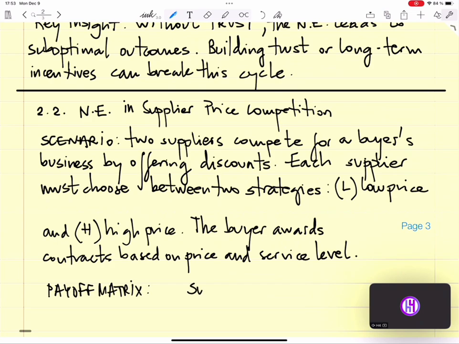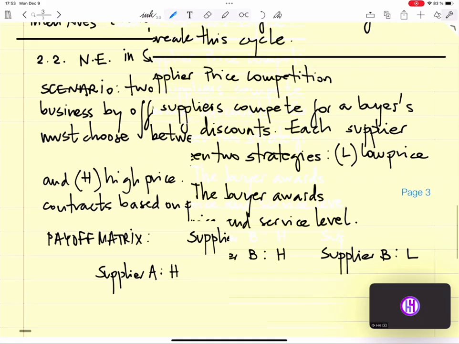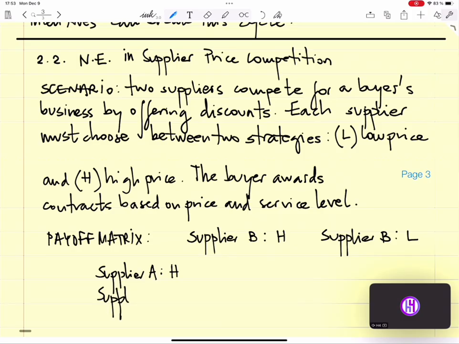Supplier B, high price, supplier B, low price, supplier A, high price, supplier A, low price, and then there is this matrix.